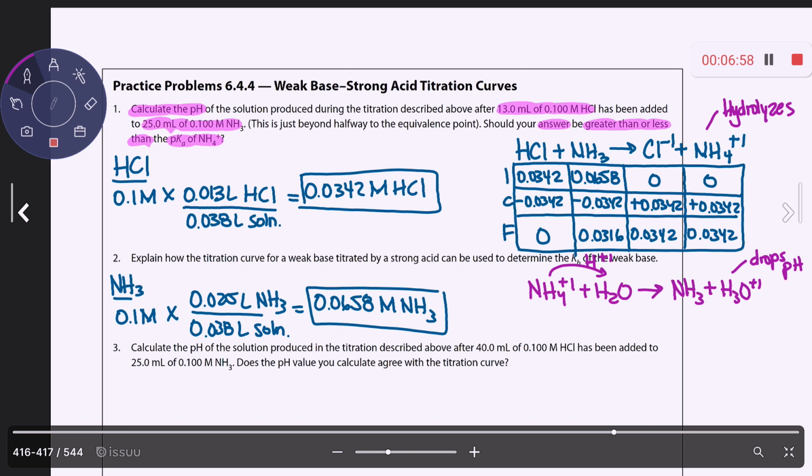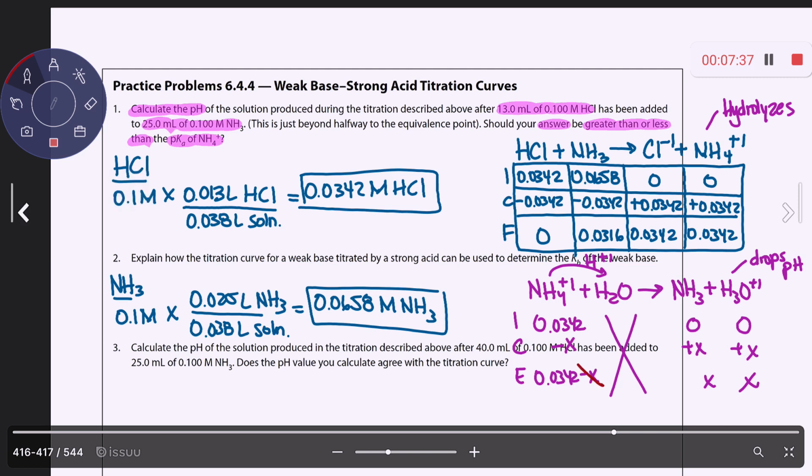Okay, so now I get to do another table, right? So this is going to be 0.0342. We can disregard the water. This is 0 and 0. And then this is minus x, plus x, plus x, and 0.0342 minus x. We can disregard the minus x and just leave it as 0.0342.